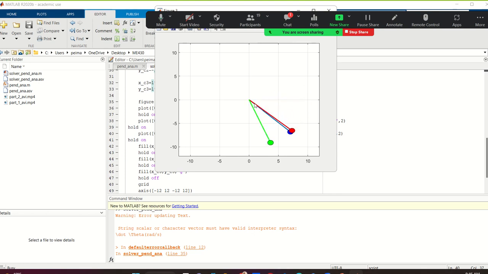As I promised you, it is unstable and the angle is increasing. See? Angle increasing like that.